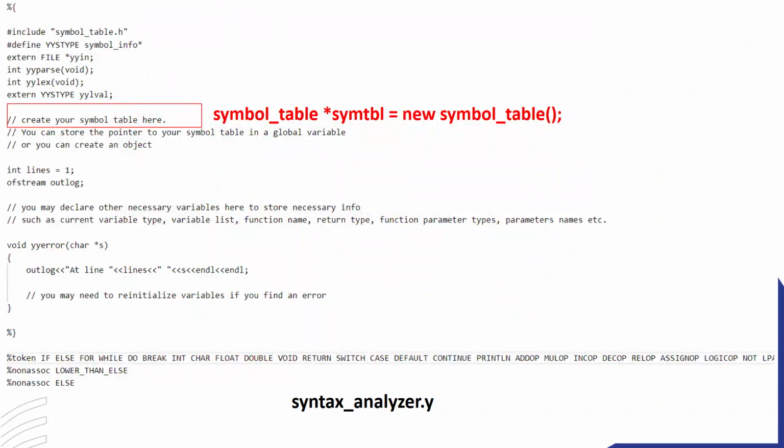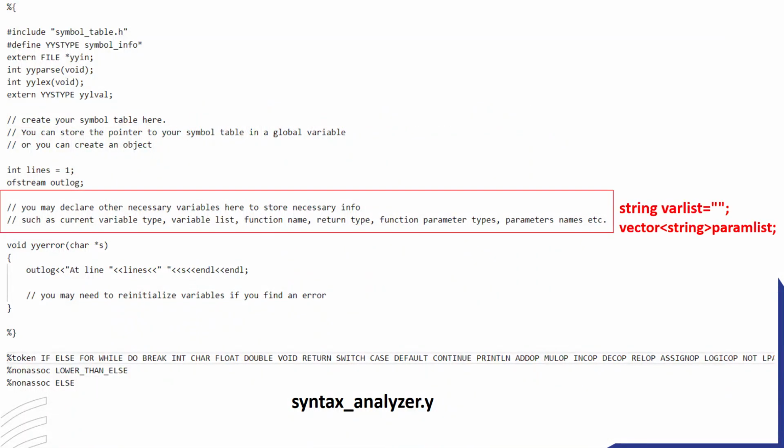Now if we go back to our YACC file, there are three parts in your YACC file. In the definition section, you have to create the symbol table where all the scope tables will be located.